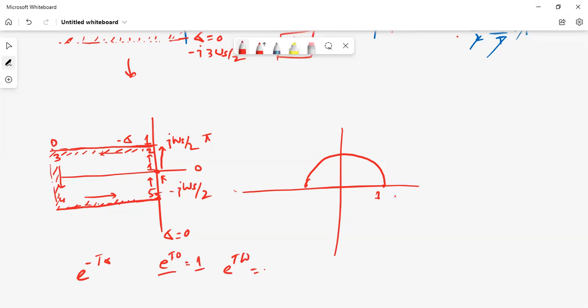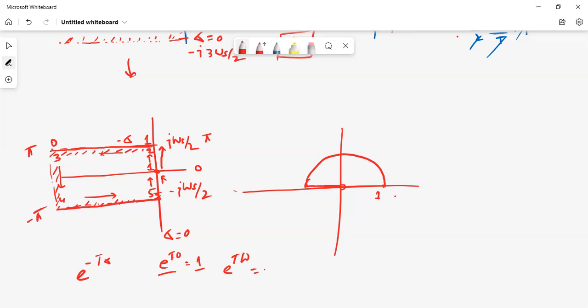So the angle is the same, pi, we are in the same location, but the magnitude is reaching 0. Then you have a shift of angle from pi to minus pi with the magnitude 0, in the clockwise direction. Still you are at the 0 location, but your angle is now minus pi.